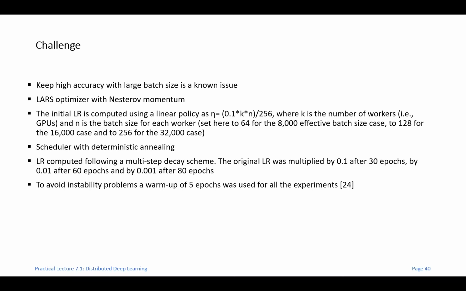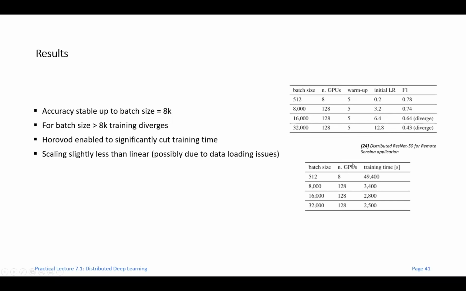And so we had to implement many of the techniques that I've shown you, like the way to decide the initial learning rate, the scheduler for the learning rate, the warmup, in order to obtain a very good scaling while using a large number of GPUs. And as you can see, we managed to reach 128 in this paper, but more recently we also reached 256 GPUs using more advanced techniques, as I was saying, so more advanced optimizers. And I'm planning to also investigate more into these.